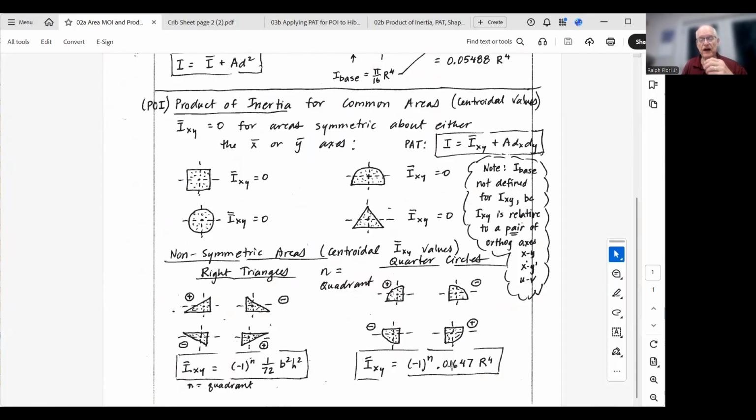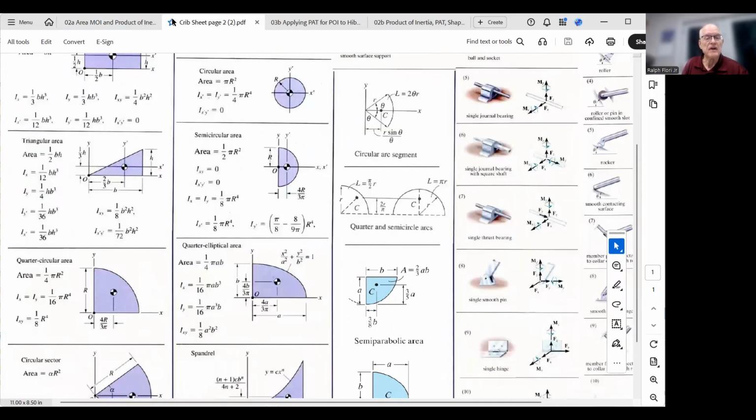We'll prove that on another sheet. Finally, this is straightforward. He gives you an Ixy value, which is 0, and he gives you an I bar x prime y prime, which is 0, because this shape is symmetric about both of those axes, and so they're both 0.